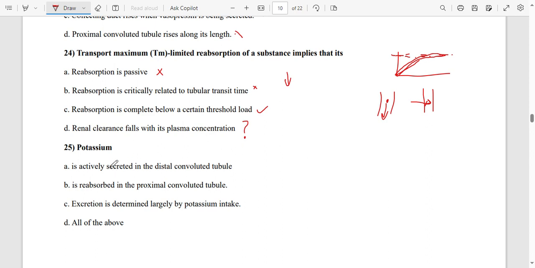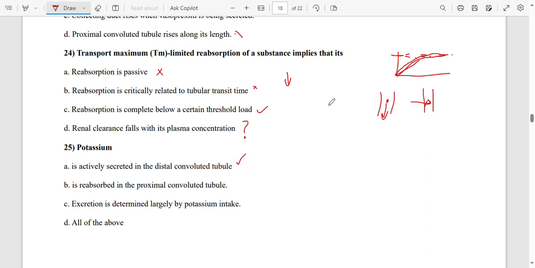Potassium: A, is actively secreted in the distal convoluted tubule. B, is reabsorbed in the proximal convoluted tubule. C, excretion is determined largely by potassium intake. D, all of the above. Which one would you pick here? A is actively secreted in the distal convoluted tubule.